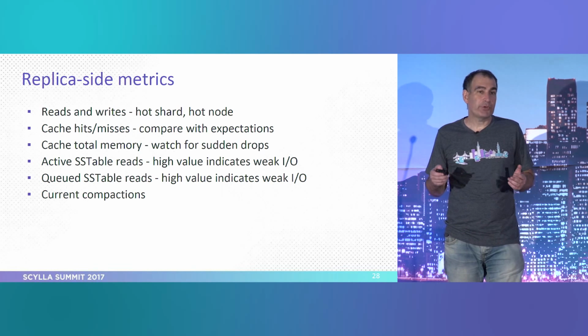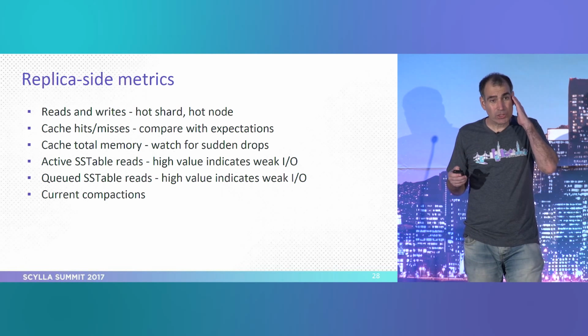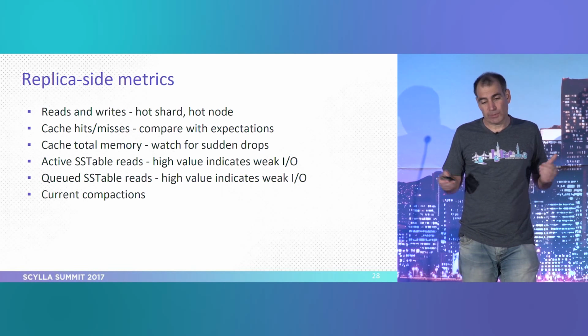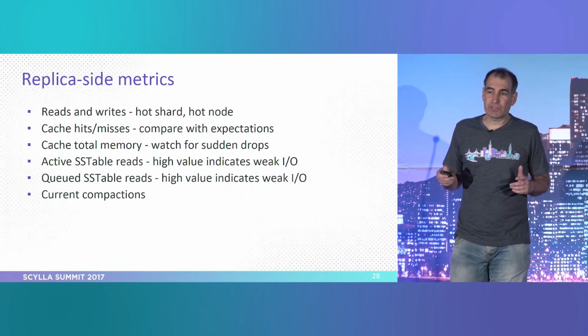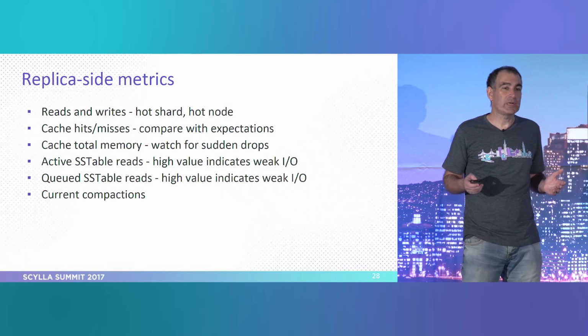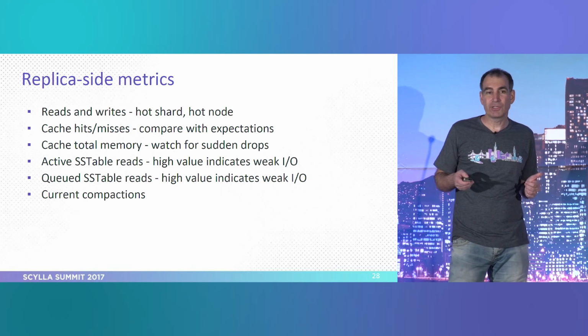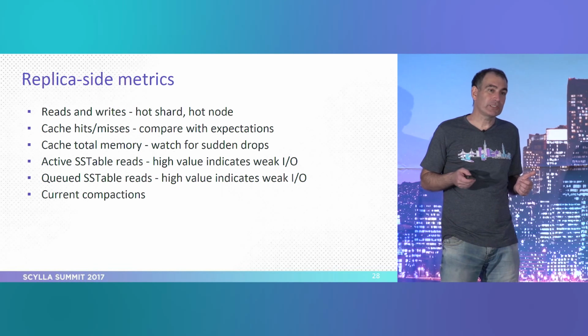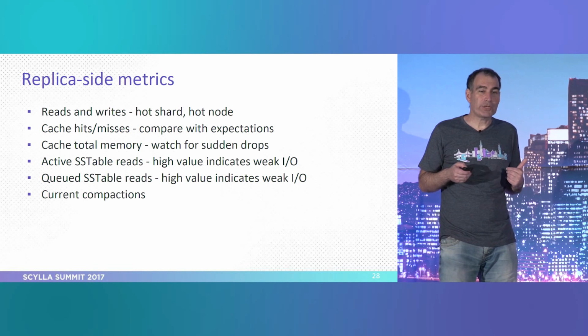The cache total memory, there is a metric that tells you how much memory is used for the cache. And usually it's not very interesting. Almost all of the memory should be used by the cache. That's the way Scylla was designed, to make use of every bit on the machine for cache. But if you see sudden drops, then that means there was a hiccup in terms of memory allocation.